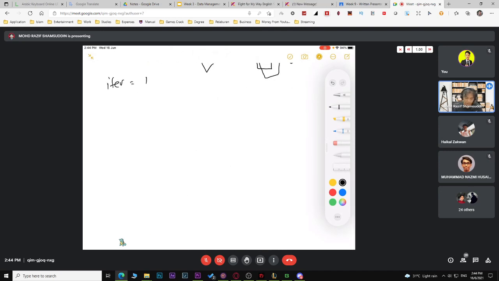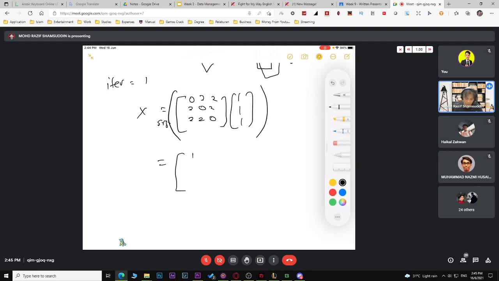For iteration 1, if we take the sign, sorry, too fast, sign of 1, 1, 1, we would get 1, 1, 1, and as the input is the same, we stop at this iteration.